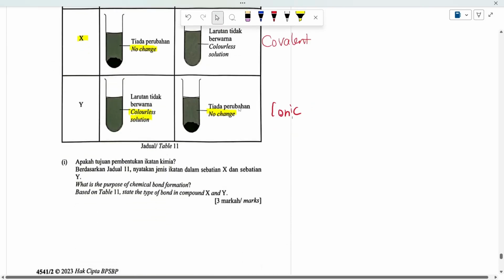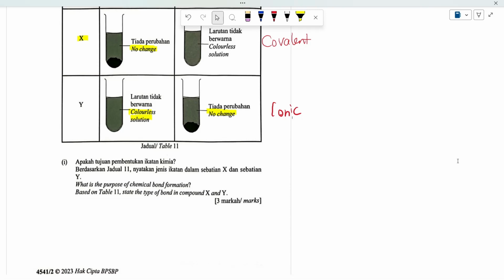Now, the question asks, what is the purpose of chemical bond formation? Like, we never think of this kind of question, right? What for? What is the purpose of this chemical reaction?